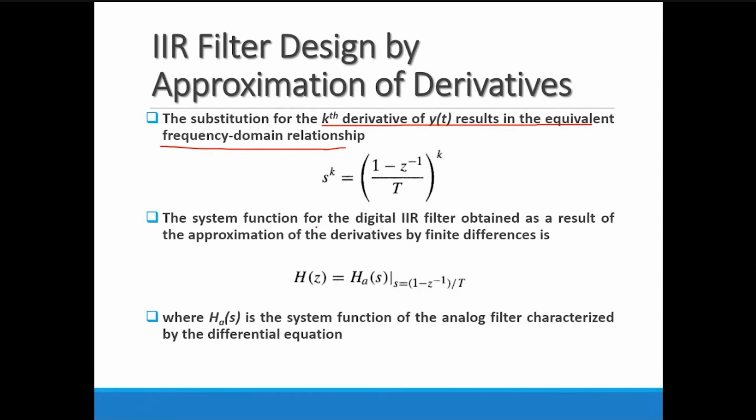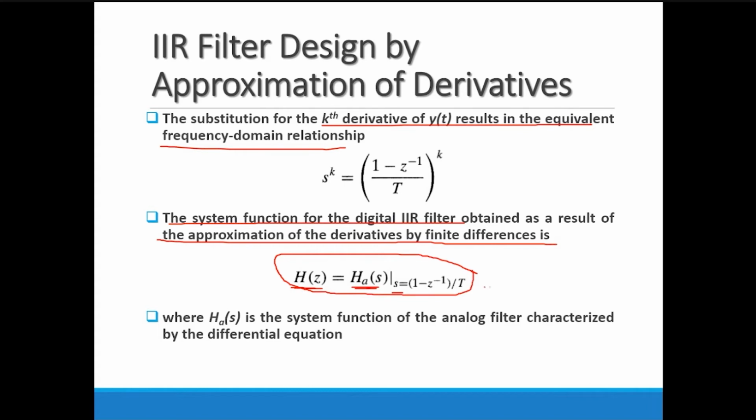So the system function for the digital IIR filter is obtained as a result of the approximation of the derivatives by finite differences, as here we calculated this H(z) with the help of the analog filter H(s), where we are taking s equal to 1 minus z raised to minus 1 divided by T. So this is the final equation.